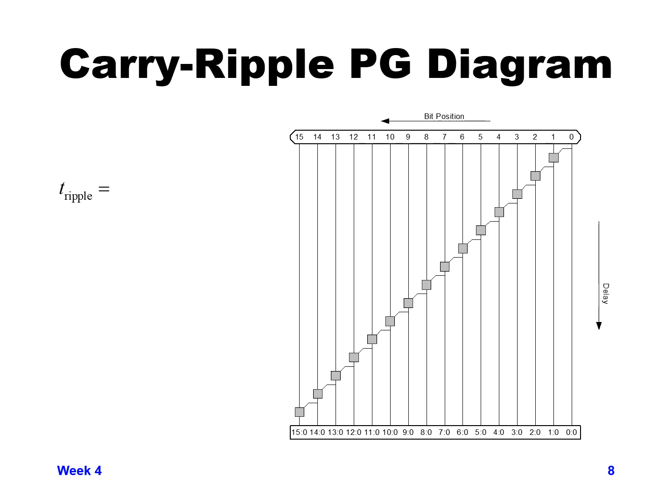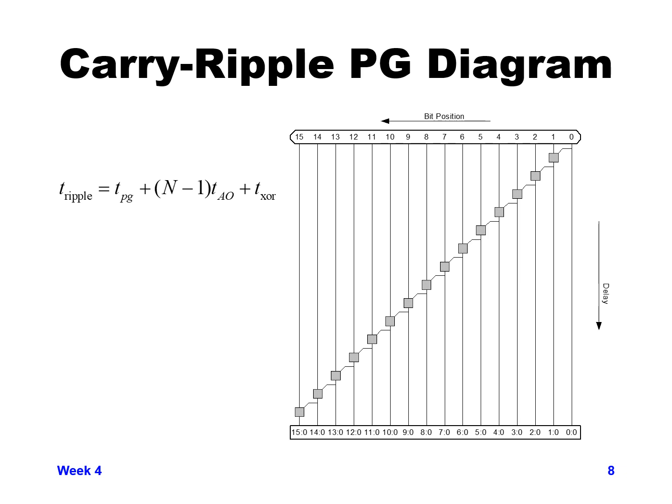So here we can see the equation for the full delay going through this full chain would be a T sub PG. That stands for going through the initial bit for your data values A and B, to generate P sub 1 and G sub 1.